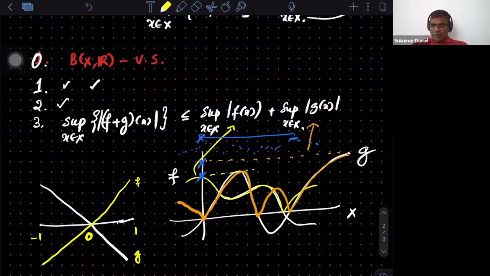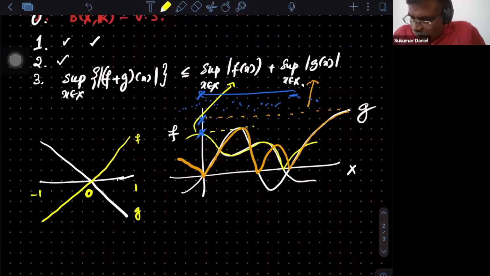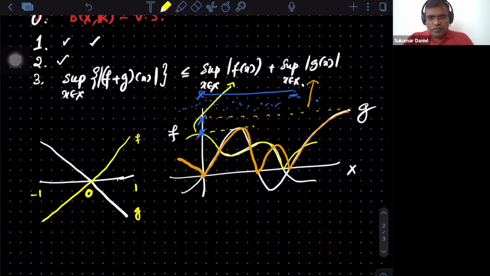The peak of f plus g need not be the same as the peak of f plus the peak of g. It could be much lower. Maybe it again emphasizes that what we could individually achieve gives more information.